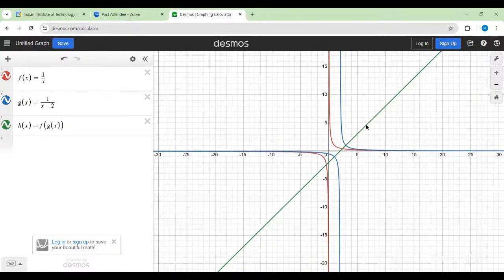So these two functions I have defined. The red one is f of x equals 1 by x. The green one is g of x equals x minus 2. And this blue one is the composition function. It is actually giving us the image at 0, but 0 is not a point of the domain. So Desmos is not working here, because first it is finding the expression and then drawing the graph.